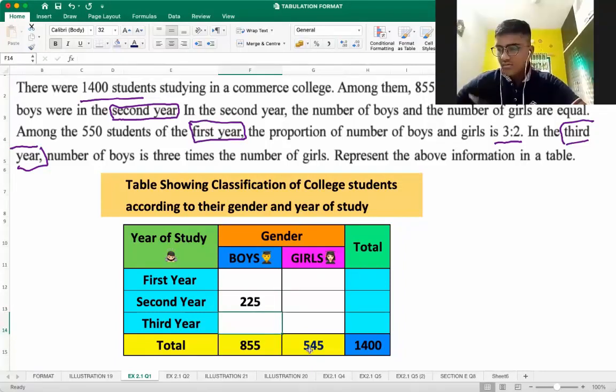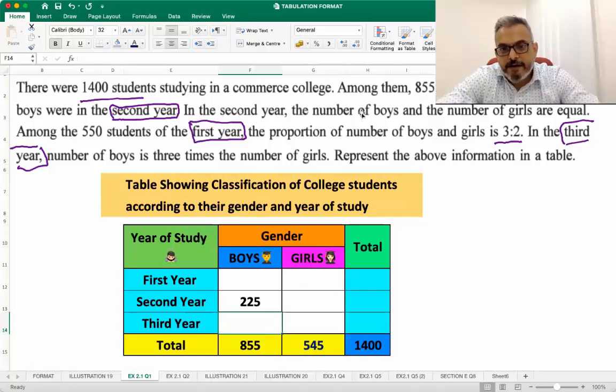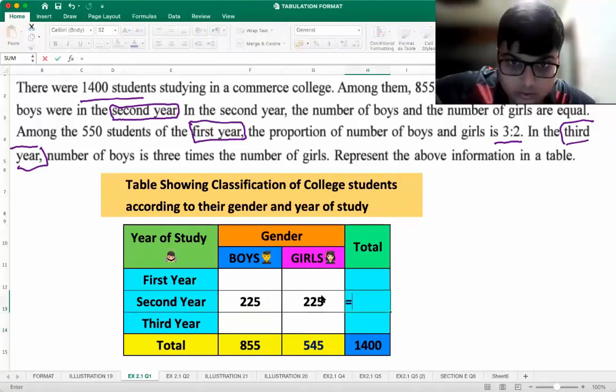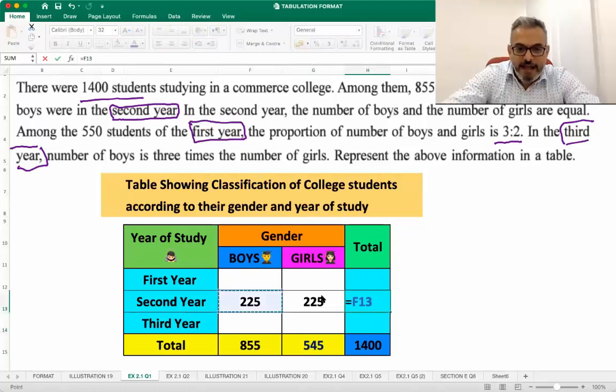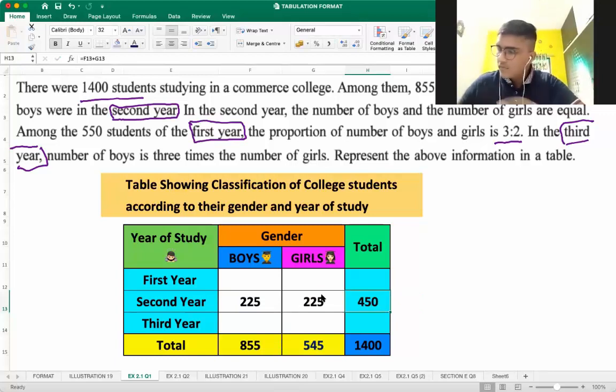Now, in the second year, the number of boys and girls are equal. So can you tell me the number of girls? 225. Yes, 225. Can we do the total now? 225 plus 225 is 450.